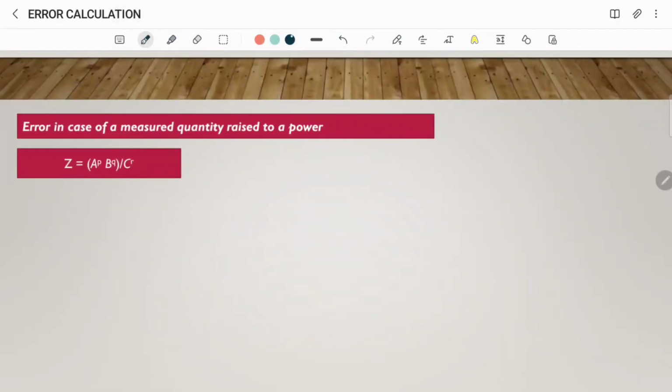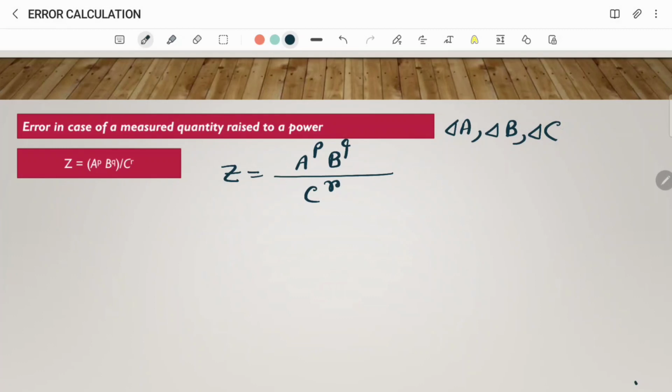Look into this quantity that is raised to some power. So z is equal to a to the power p, b to the power q by c to the power r, and it is given the error in measurement of a is delta a, that in b is delta b, and that in c is delta c. We want to find out the error in the measurement of z.